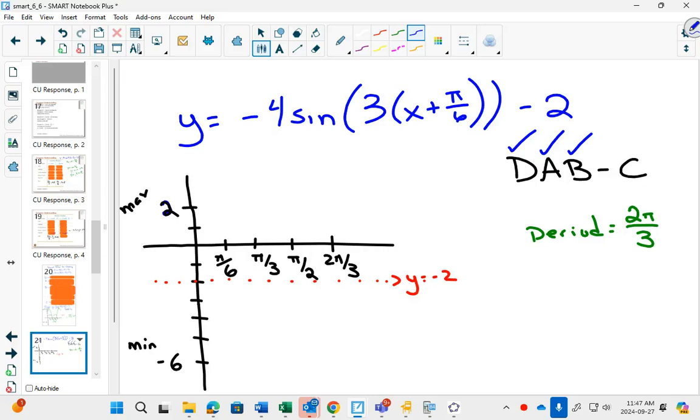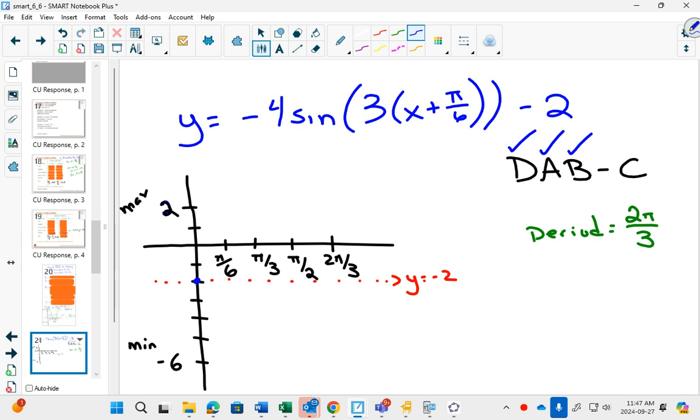Next, we draw the graph without the phase shift, with a dotted line. So what kind of graph do we have? A negative sine graph. Sine graph normally starts in the middle going up, but the negative says we'll start in the middle going down.